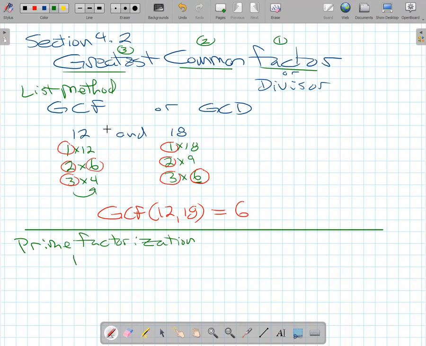Then instead of making a list of all factors, I make a factor tree. 2 goes into 12 6 times, 2 goes into 6 3 times. So 12 is equal to 2 times 2 times 3, which we often abbreviate by saying that's 2 squared times 3.